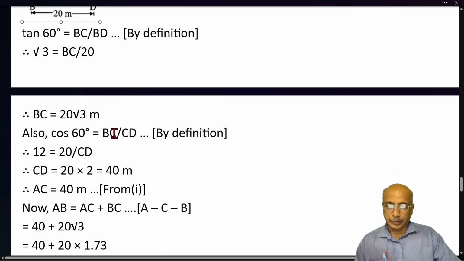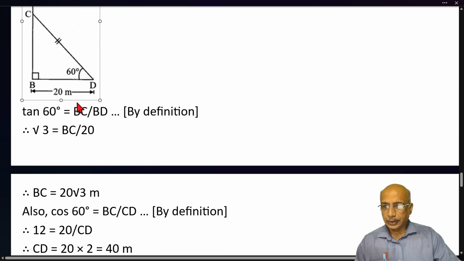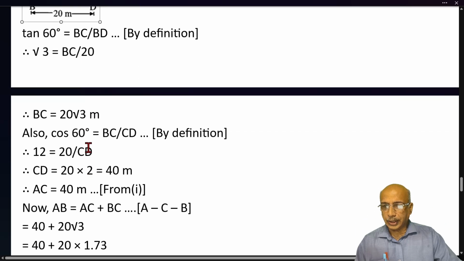Also cos 60 by definition. What is cos 60? Adjacent side upon hypotenuse. So cos 60 equals BD upon CD, and cos 60 is 1 by 2, so 1 by 2 equals 20 upon CD. So cross multiply it; 2 will go in the numerator here. So it will be 20 into 2, 40.